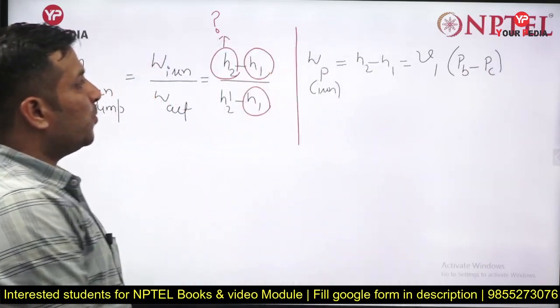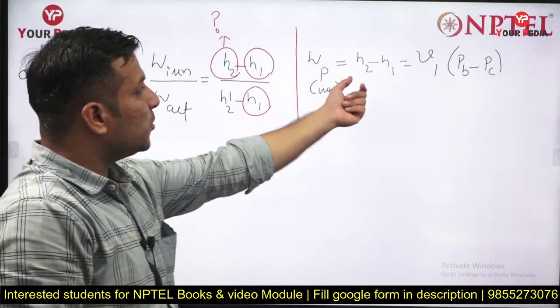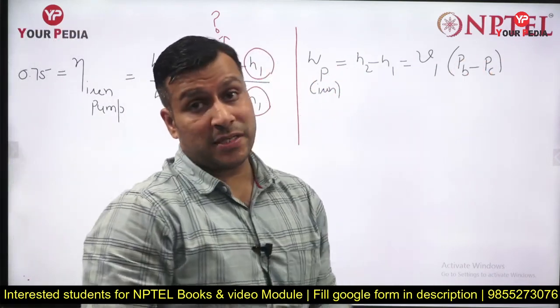So WP equals H2 minus H1, which equals V1 into PB minus PC.